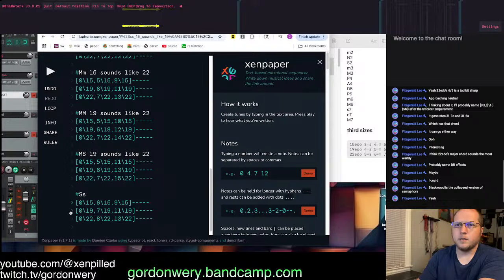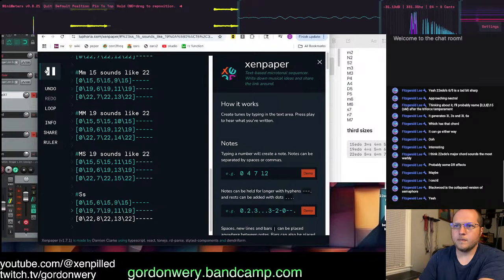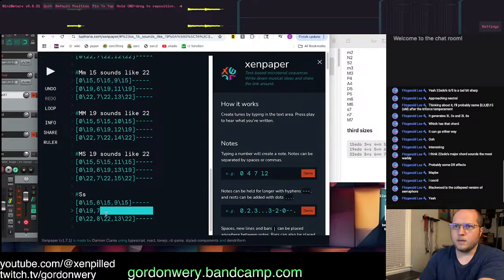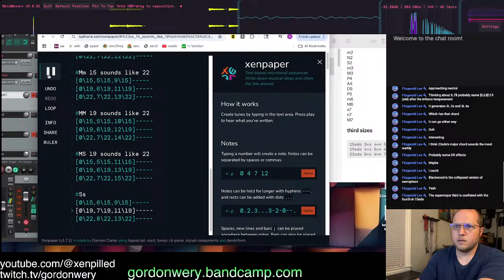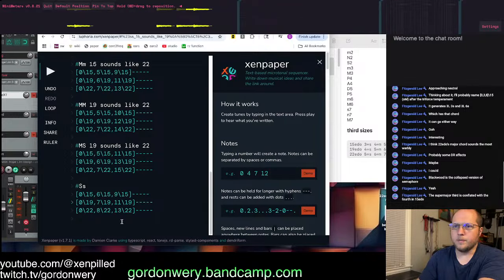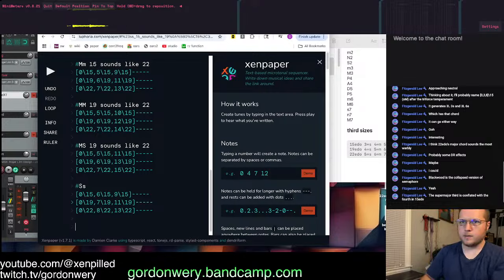That's fine. And these do not sound alike at all. This sounds like a sus chord. So it's got the same problem as 22, but it's even more exaggerated in 19, where the super major sounds kind of like a sus. Alright, whatever. Alright, none of them sound alike, though. They all sound very different.